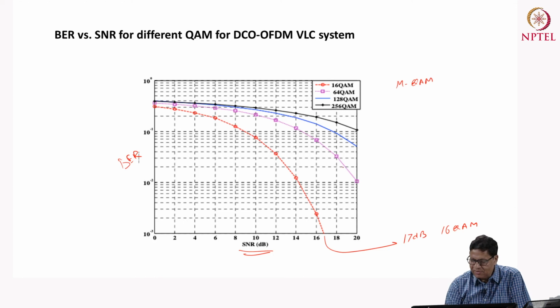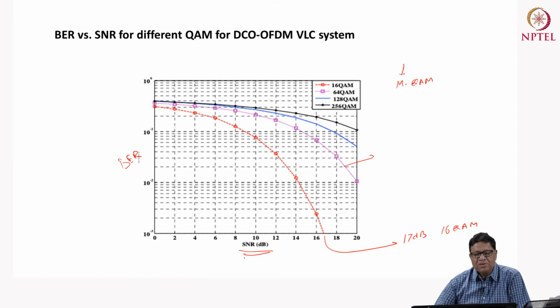And for the next value of QAM, that is 64, I may require a higher value. It is not shown in the graph, but as I increase the value of M, to get the same BER, I require more signal to noise ratio. This has been plotted using the simulation, the flow chart which I had discussed earlier.